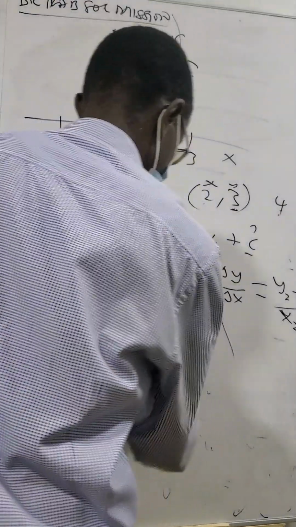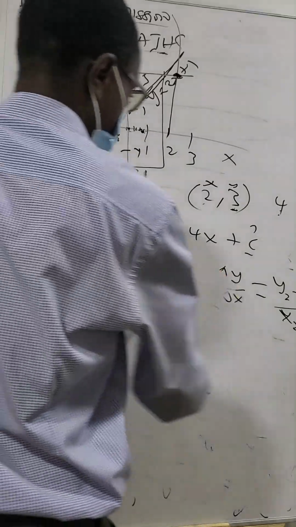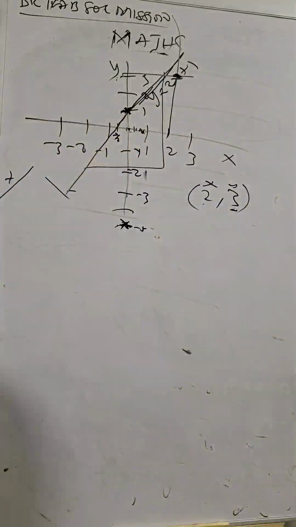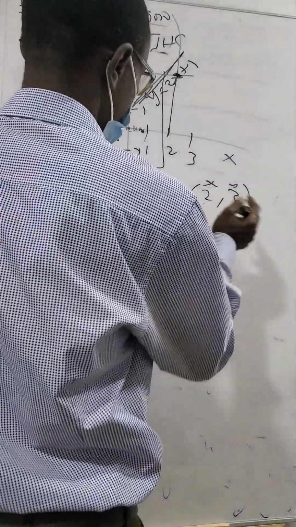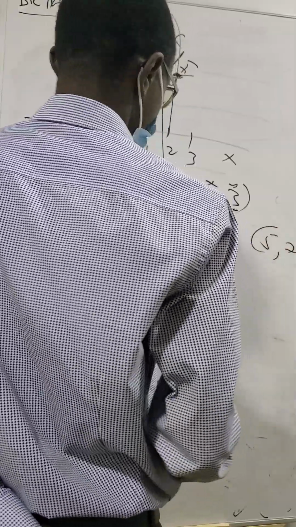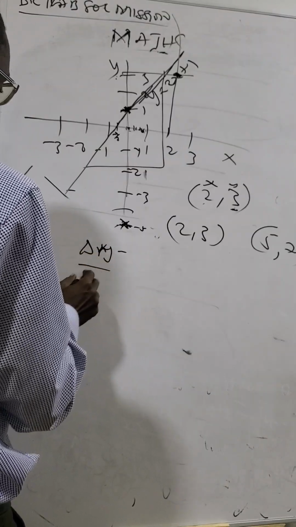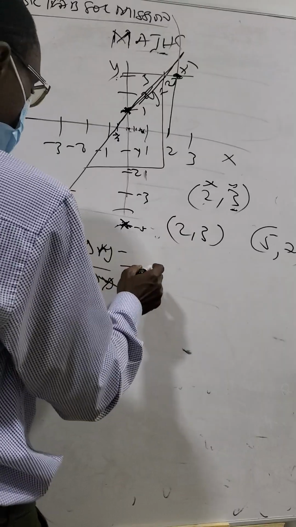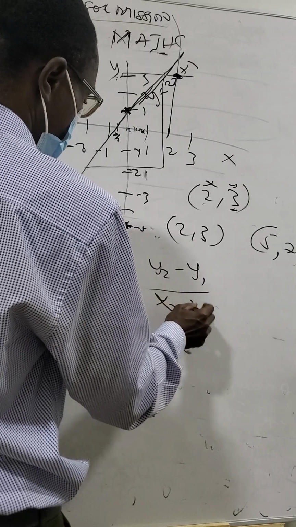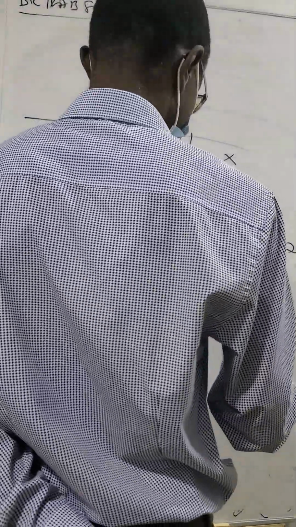Right, so let's assume you are given two values. If you are given two values, let's say (2, 3) and then (5, 7) as a line. So in that case, our change in y over change in x is equal to (y2 minus y1) over (x2 minus x1).